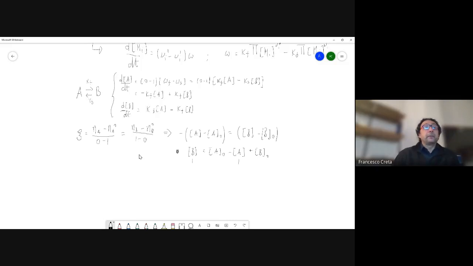So in fact, going up to the ODE that regulates the evolution of A, we can rewrite the ordinary differential equation for A by substituting now the expression for B.